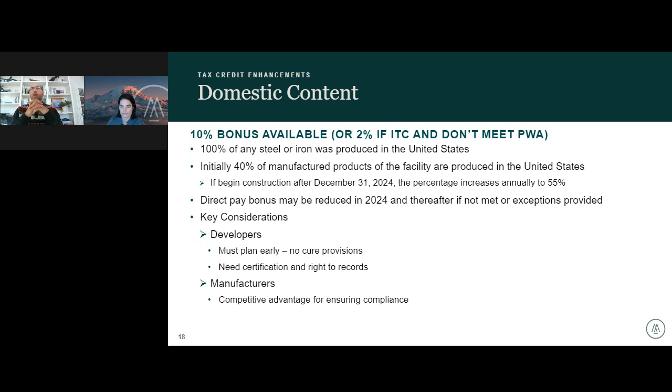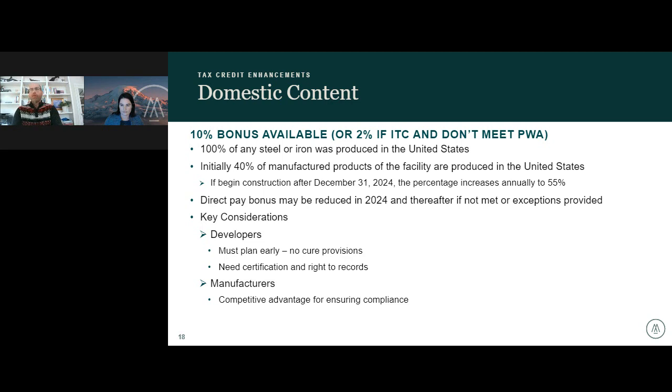And this is, as I indicated before, the Buy America program. 100% of the steel or iron that goes into the facility needs to be produced in the United States. Then 40% of manufactured products need to be manufactured in the United States. It starts out at 40% for projects that begin construction through the end of 2024, and then it increases annually each year.